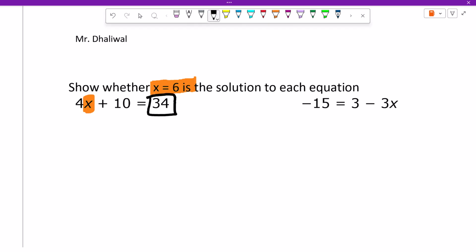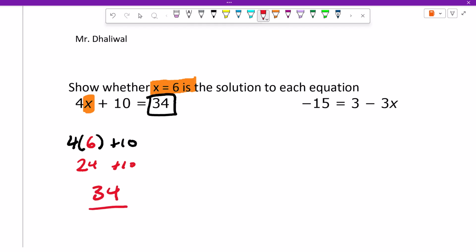So we go 4. Remember, we go like this. Where we see x, we're going to put brackets, plus 10. Right? We put the 6 in. Then we have a BEDMAS question. We go 4 times 6 is 24. 24 plus 10 is 34.